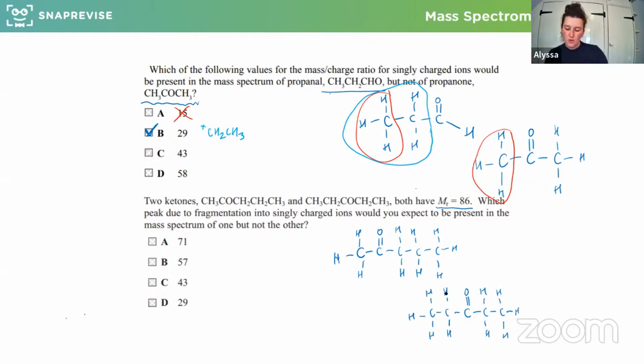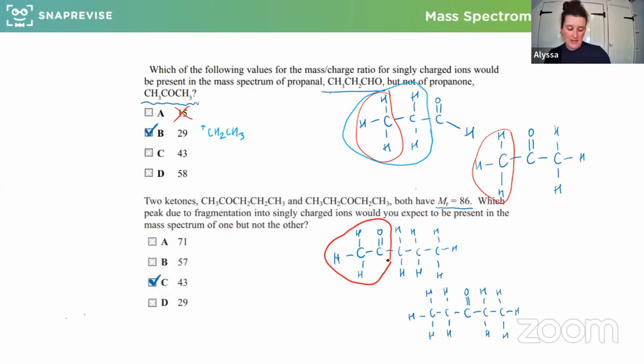Looks promising. So again, what fragment is that representing? Yeah, nice. Good. So that section is not possible.